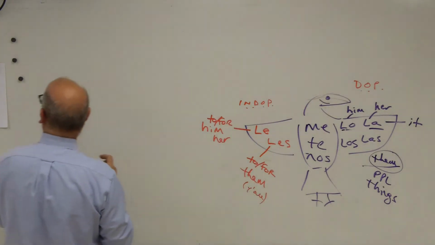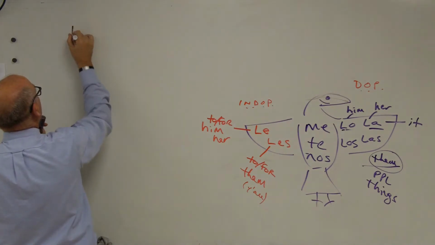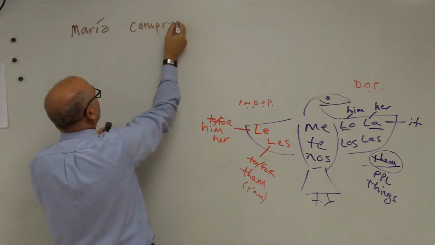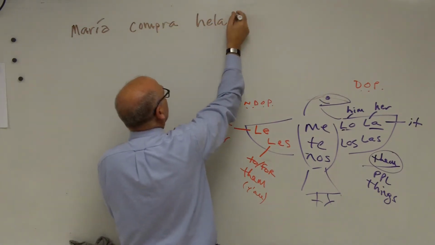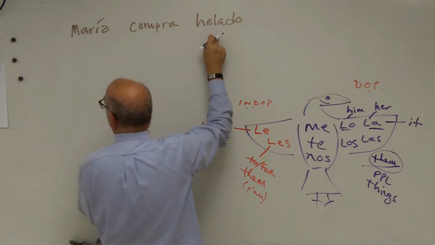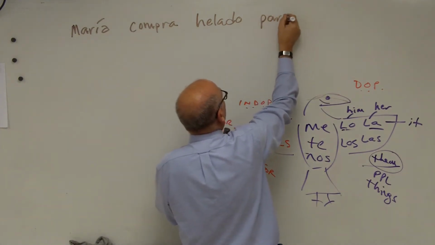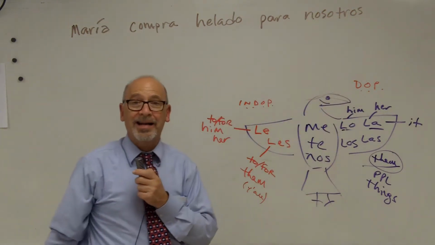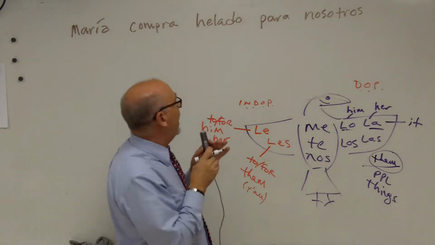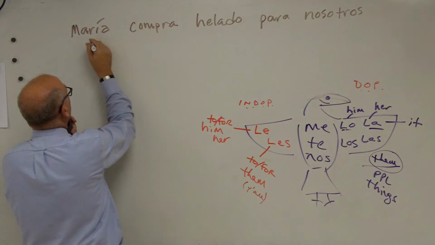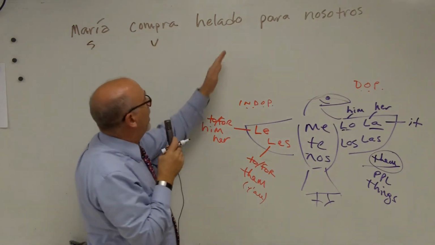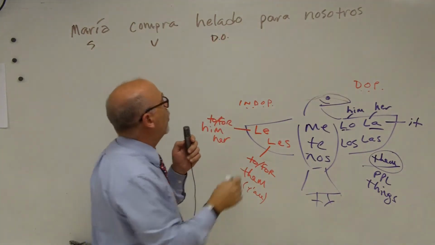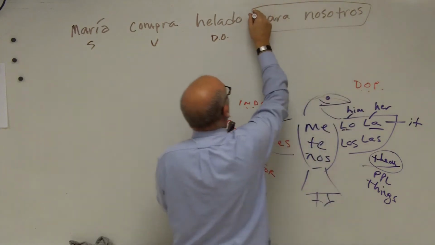How about this one: María compra helado para nosotros. María buys ice cream for us. We can say María, that's our subject. Compra, that's our verb. Ice cream, that's our direct object. For us.